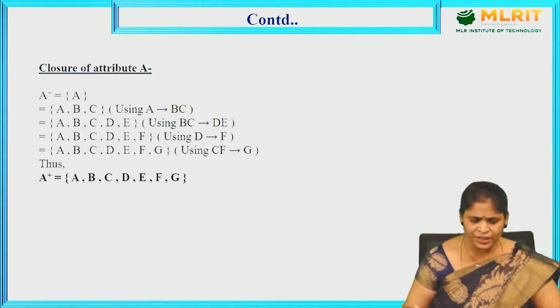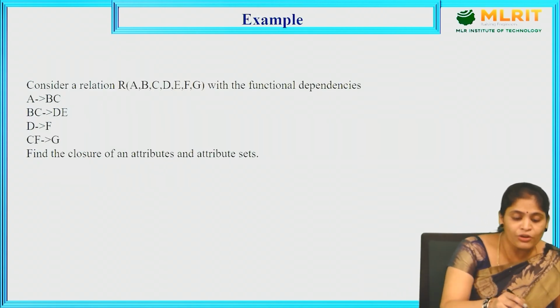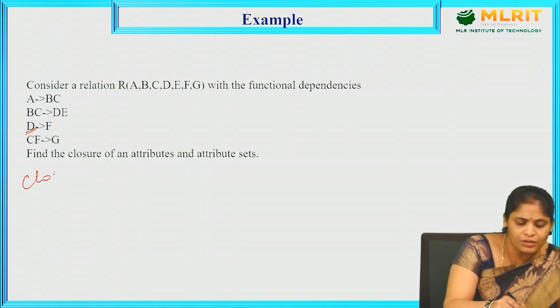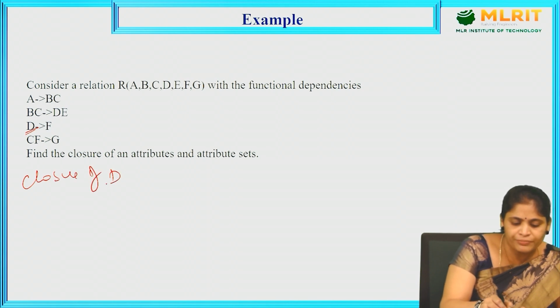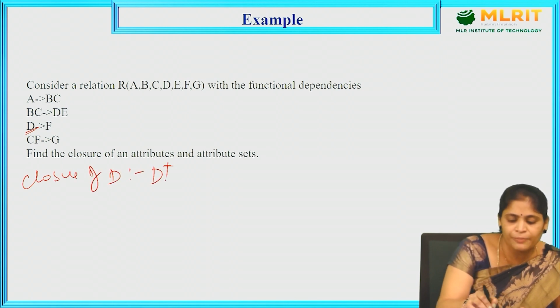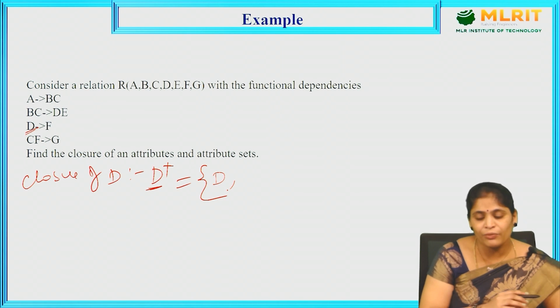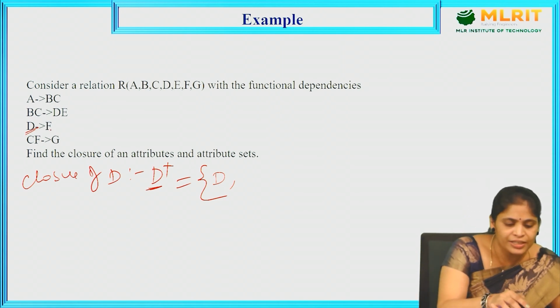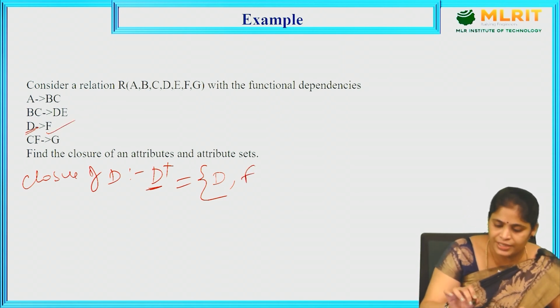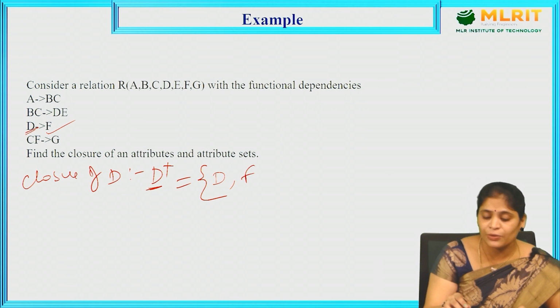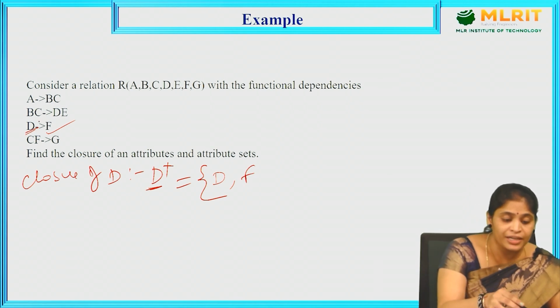Next, let us find out the closure of D. Closure of D is represented by D plus. So to find D plus, we have to include that element D. We have to check whether D derives anything. Yes, D derives F. And we need to again check whether DF derives anything.